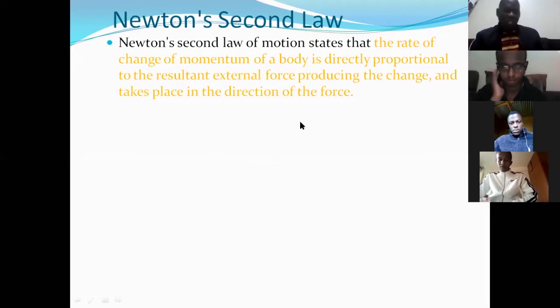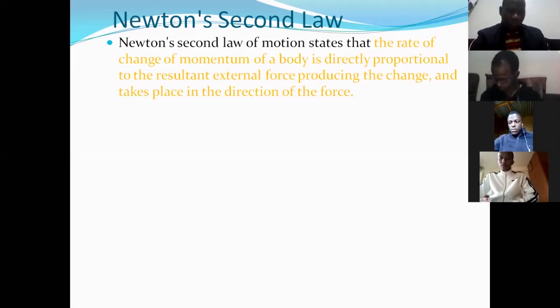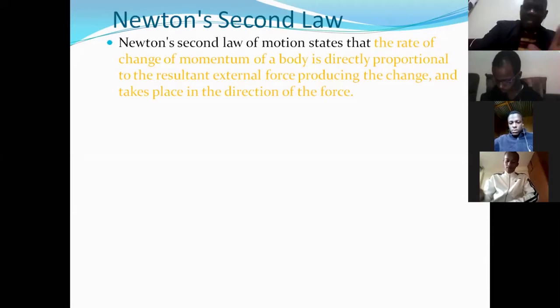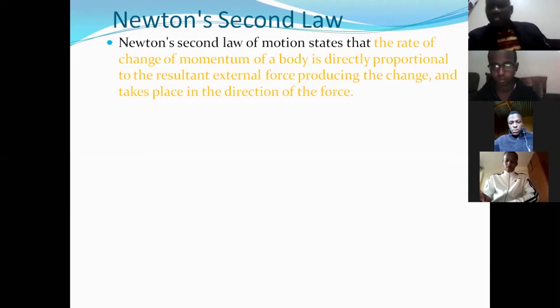If you can just quote that Newton's second law in your notebook. Now, for you to remember any law, you must learn to say it loudly, you verbalize it, you speak it.